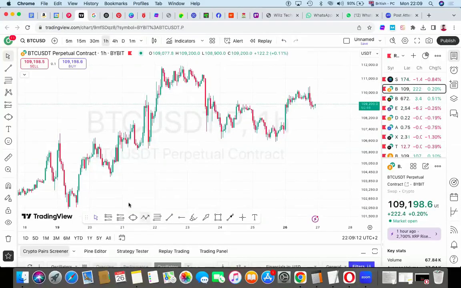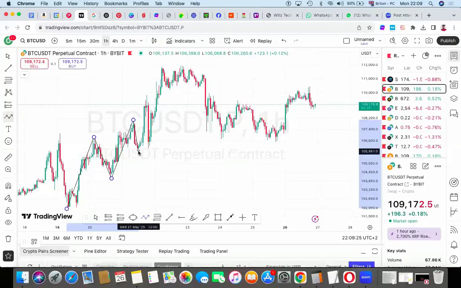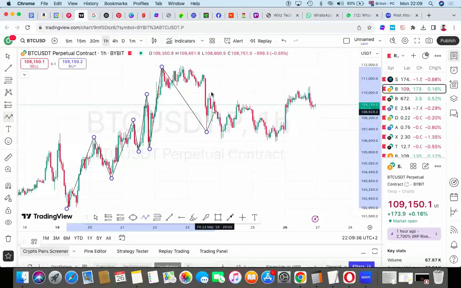So if I pick my path through and I draw it all the way from this low to this high, and I come down here, I draw to this high, and I come down again, I draw here, and I come up here. The market created this low, an equal low, so we have this, and we have this, and then all the way here, and then this, and now we are currently sitting down here.